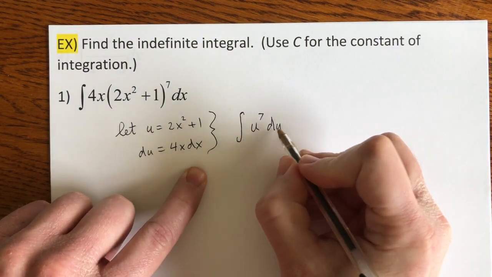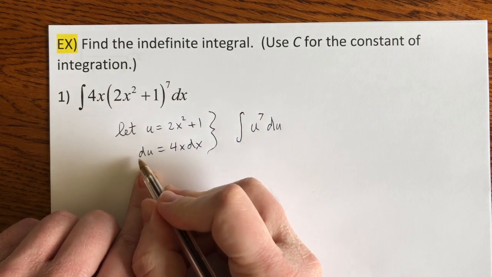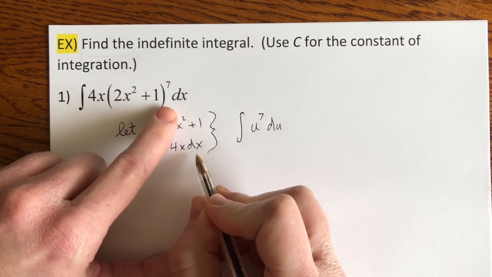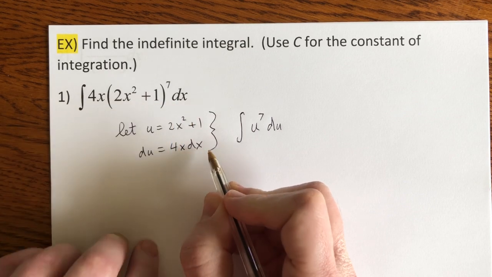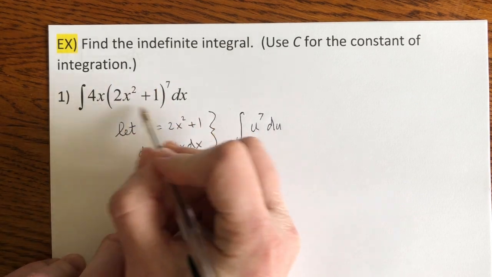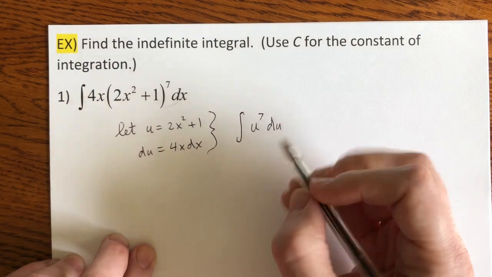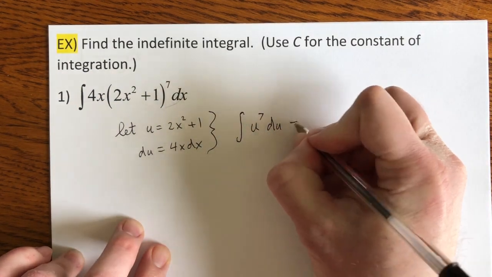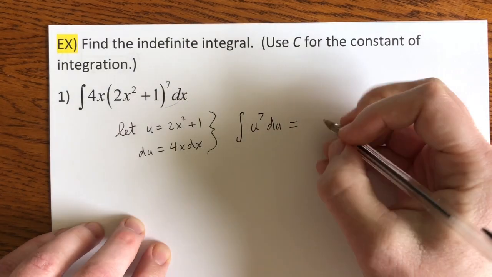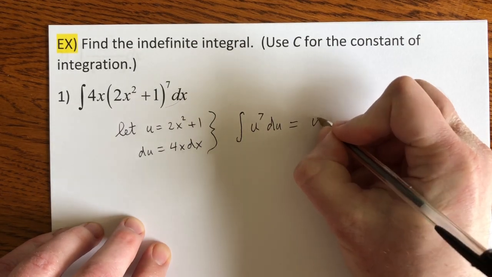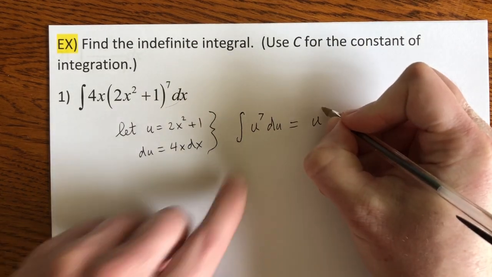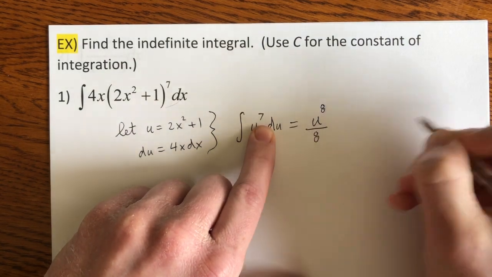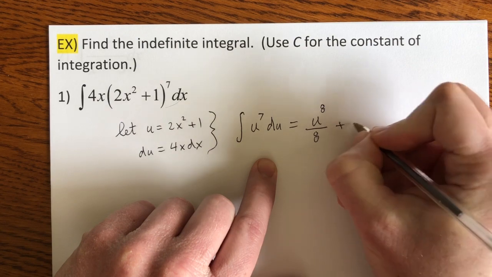Why? Well, again, du is exactly the same as 4x dx. So we've accounted for everything in our original integral that was in terms of x, now in terms of u. So at this point, we go ahead and evaluate this integral. And so we do u to the 7 plus 1, which is 8, and then divide by that new exponent, and then we put the plus c.